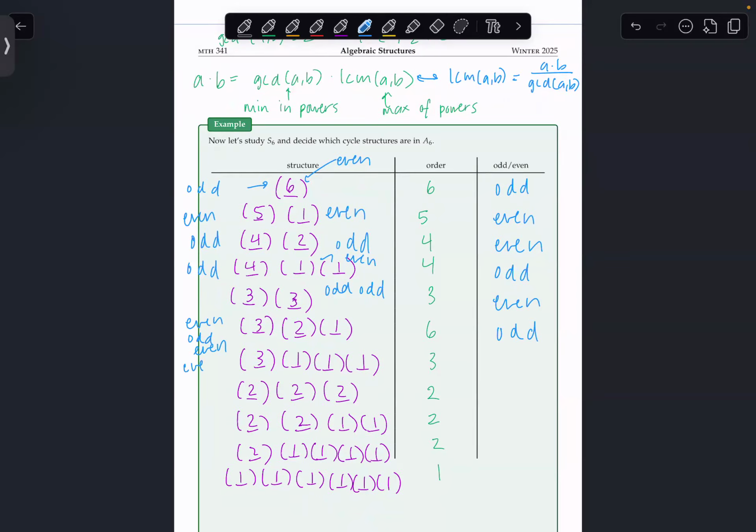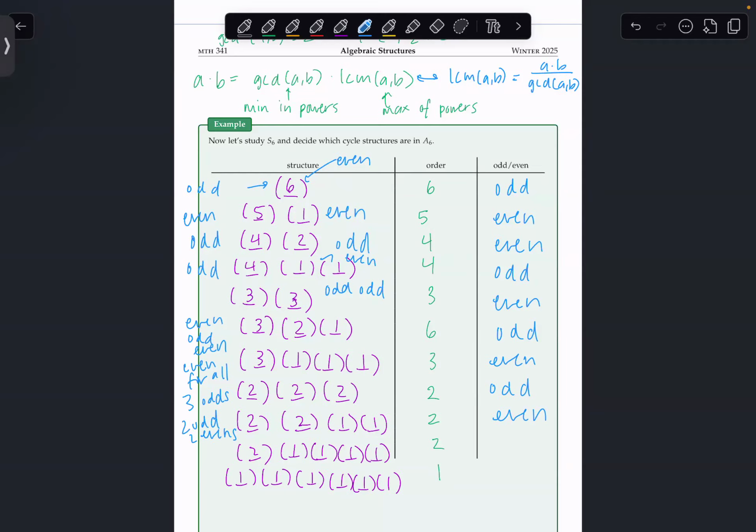I'll get even for all. I don't care how many evens I get. If they're all even, it's going to be even. Then I have 3 odds, which gives me odd. Okay, 2 odds, 2 evens gives me back even.